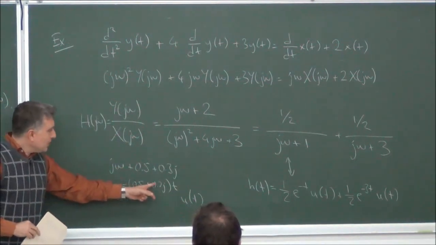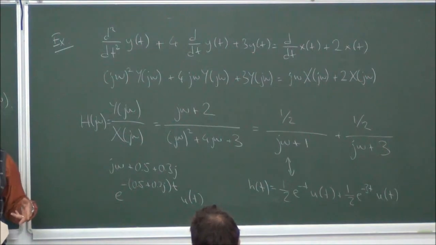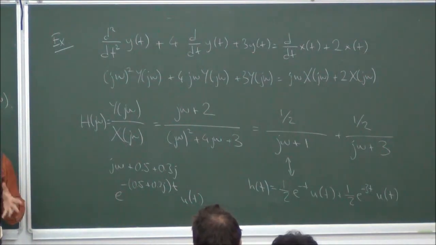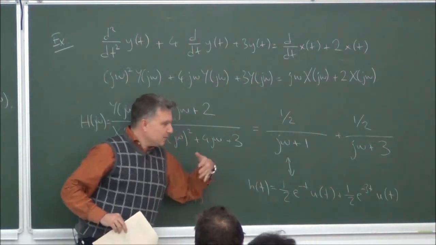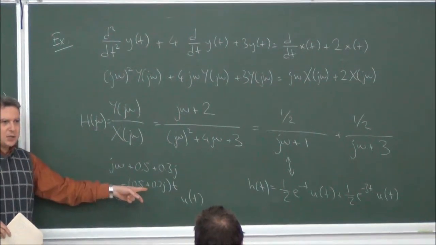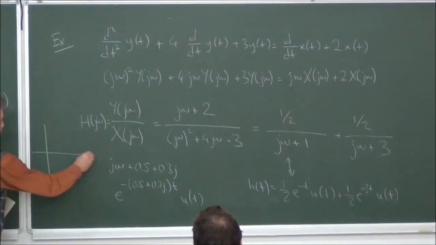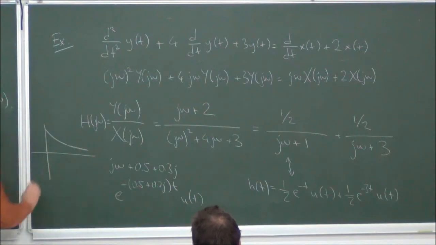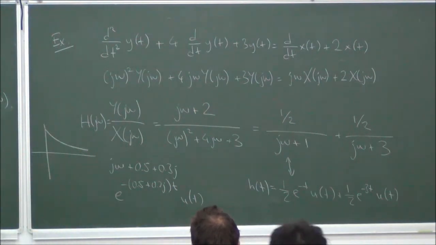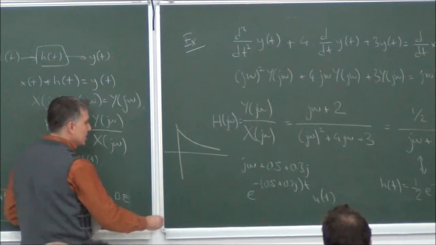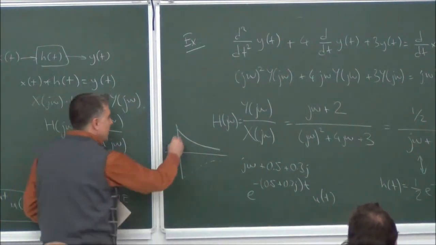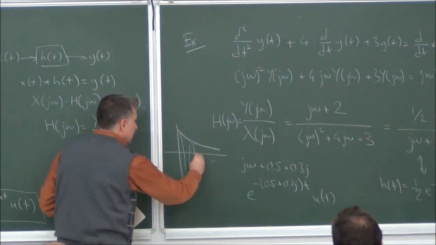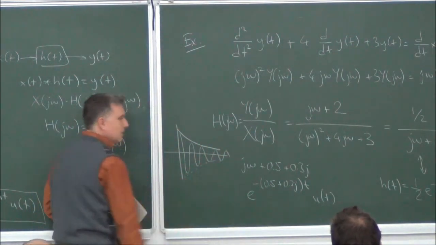And e to the 0.3jt, what is that? That's a sinusoid. It's a complex exponential. So it's the multiplication of two things: one real exponential like this, e to the minus t u of t, and a complex exponential. So the situation will not be a decaying real exponential like this anymore. It will be the multiplication of a real exponential and a complex exponential, which makes a damping sinusoid like this.